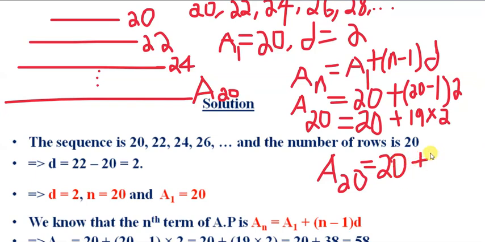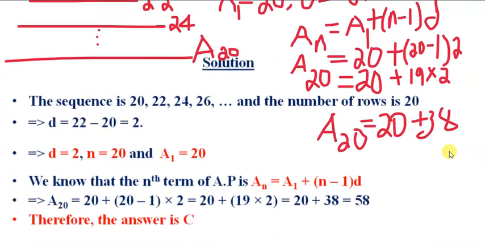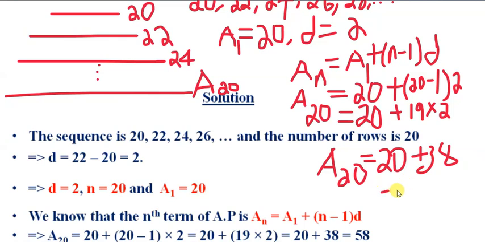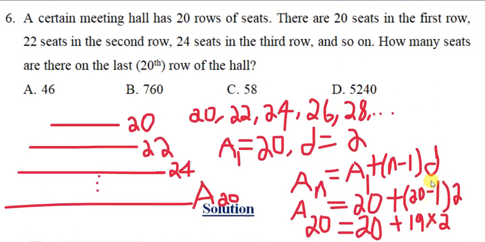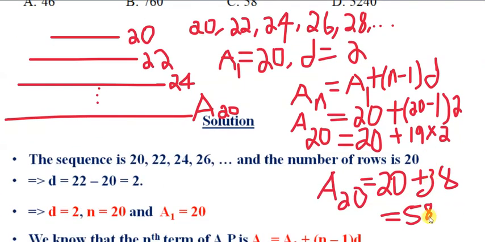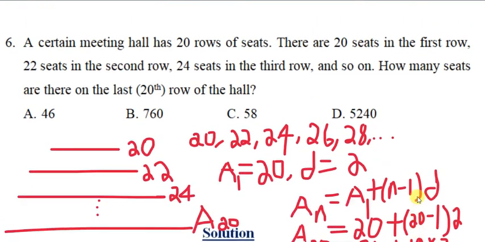Now add 38 to 20, and the result is 58. That is the right answer. Therefore on the last row, or the 20th row, there are 58 seats, and our answer is C in this case.